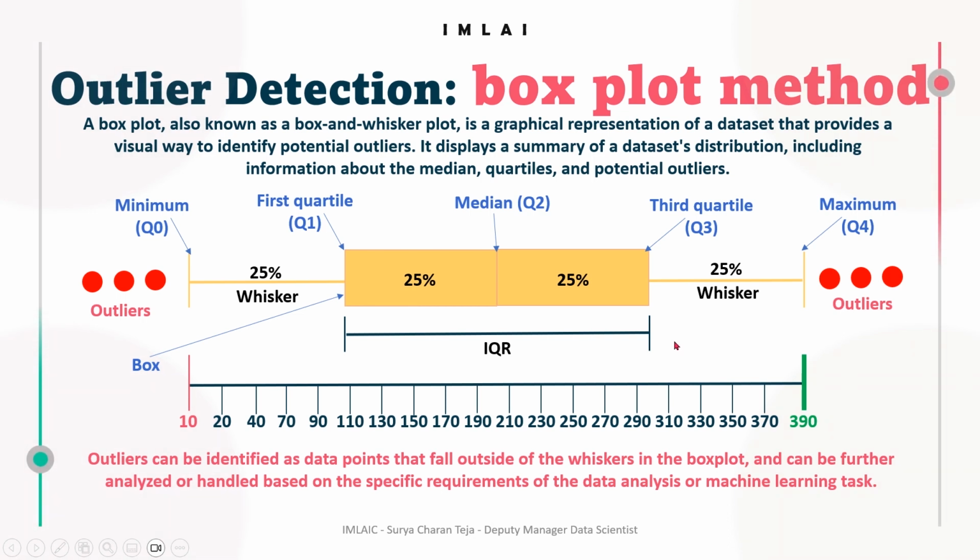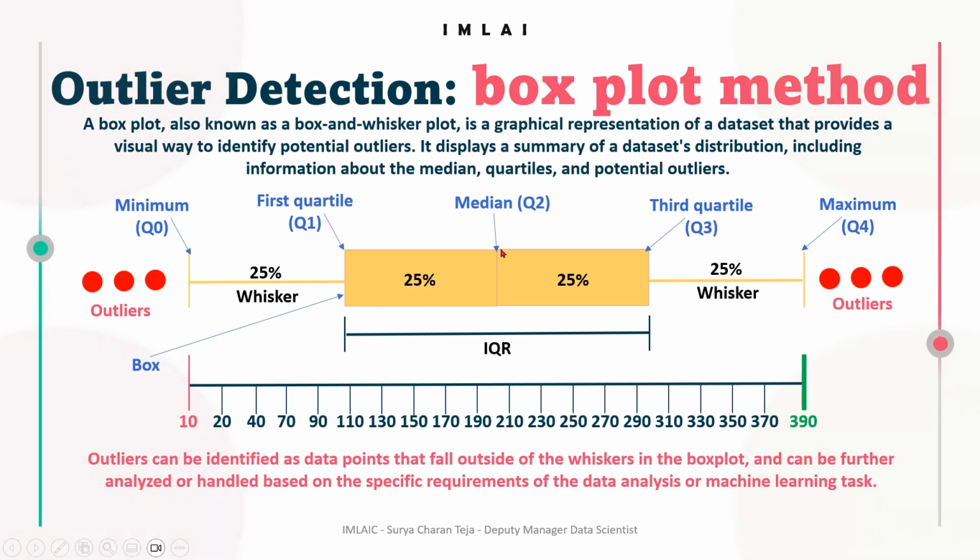One more time, I want to give a complete brief about the main components of a box and whisker plot. The first one is the rectangular box. Let's take a small example. Suppose we have a data set of students' exam scores in a class, and you want to identify any potential outliers in the data.